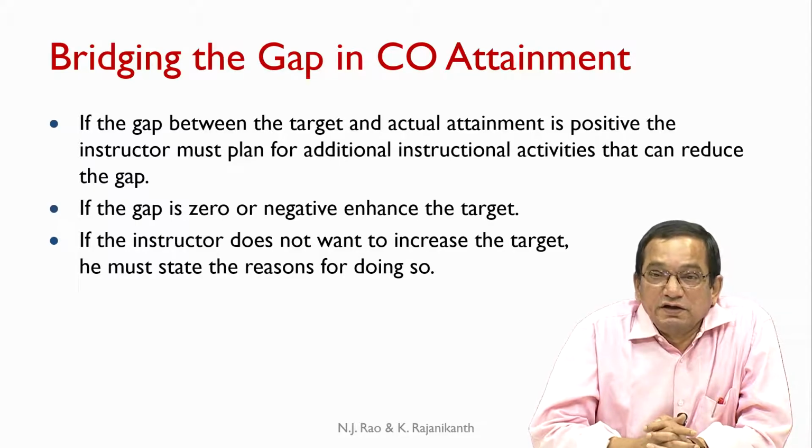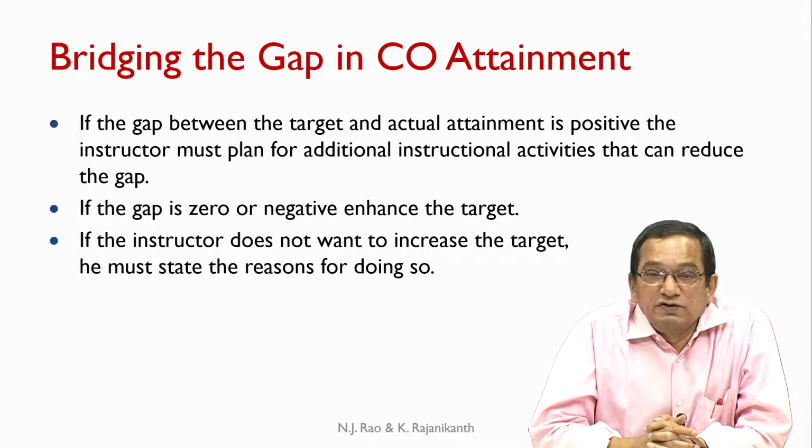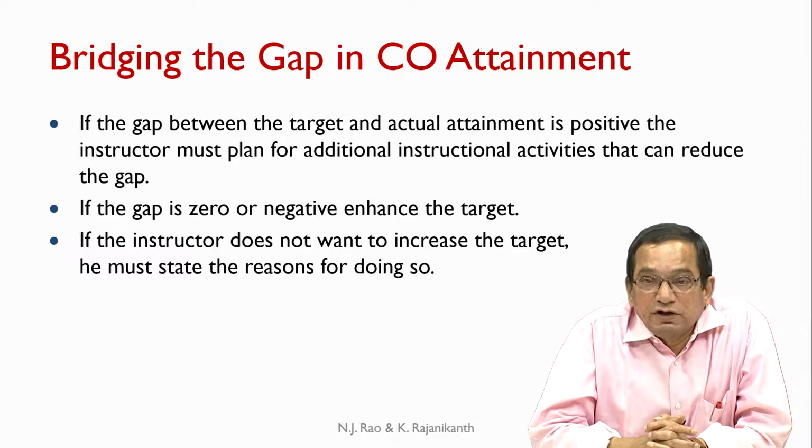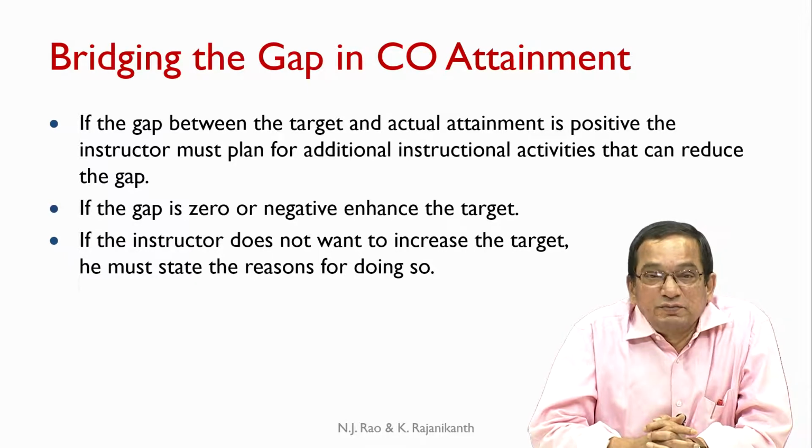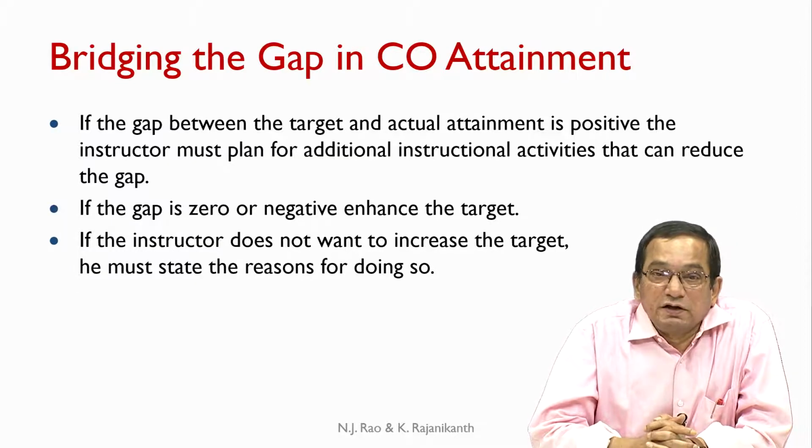That is, if the attainment level is less than the target level, we must plan for improvements the next time the course is delivered, so that the gap is reduced. On the other hand, if the attainment level is equal to or greater than the target level, that means if the gap is 0 or negative, we could enhance the target.